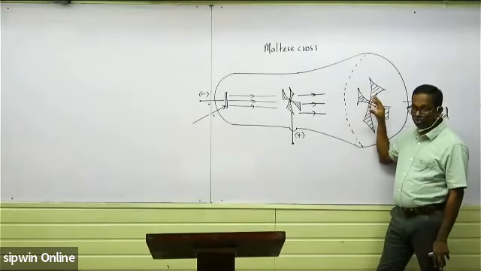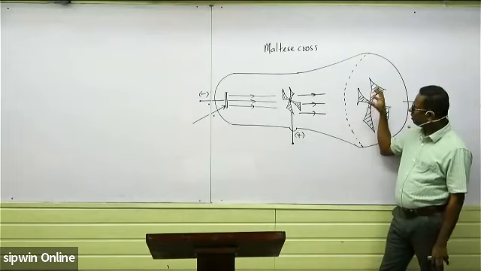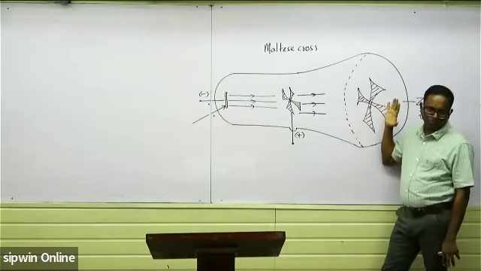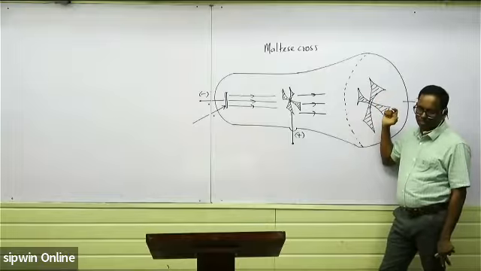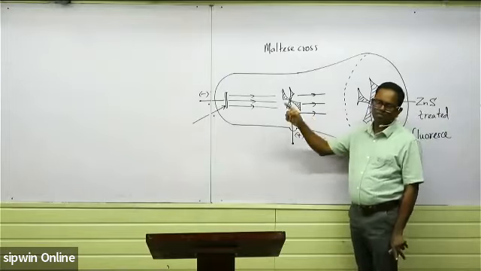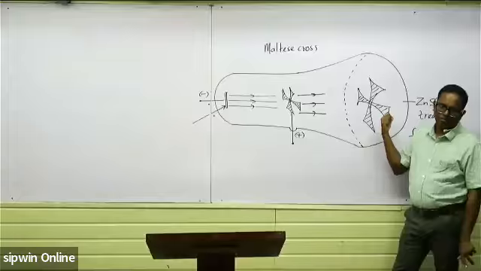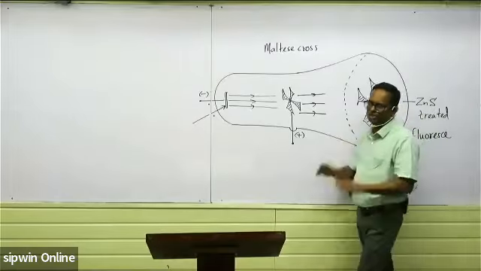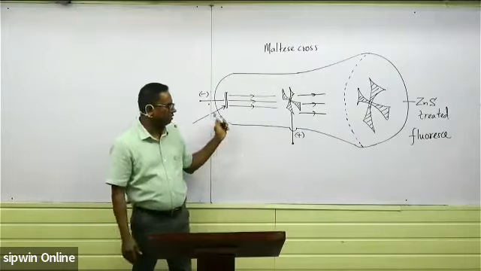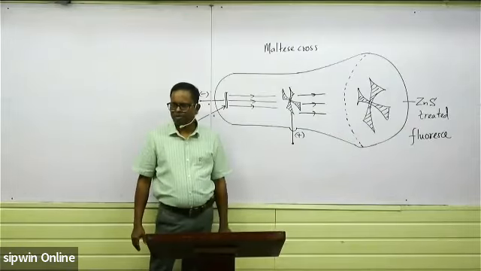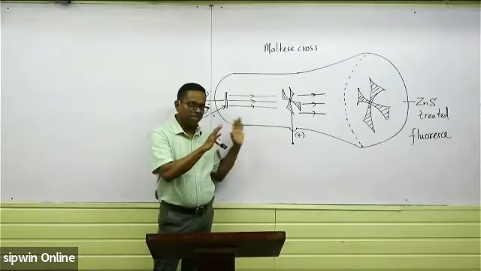We say the shadow is dancing here, and the shape of this changes. That means if they are moving in straight lines, we can have a shadow with sharp margins. The shadow with sharp margins confirms they are moving in straight lines. Understand? Simple experiment, right? So just listen to this one.